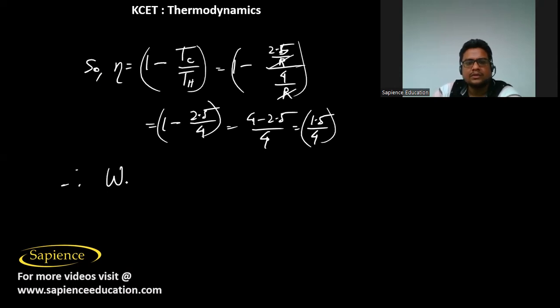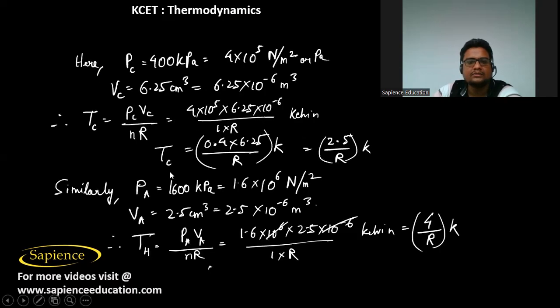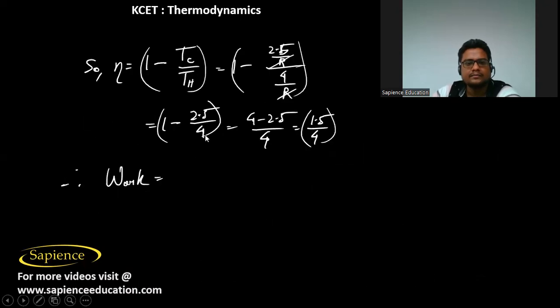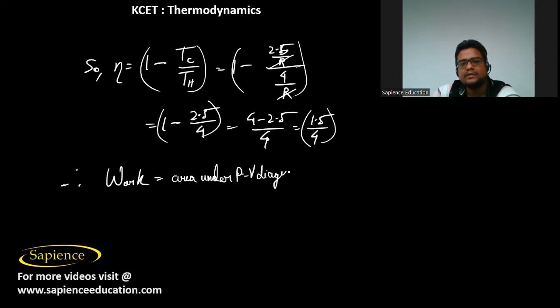Therefore, the work done we have to find, since here it is asked to find the area enclosed in the PV diagram. Work done is the same as the area under the PV diagram, and that will be equal to the heat supplied times the efficiency.